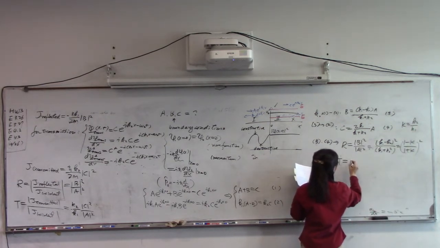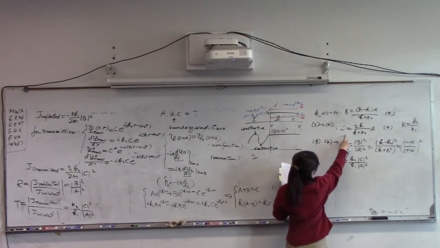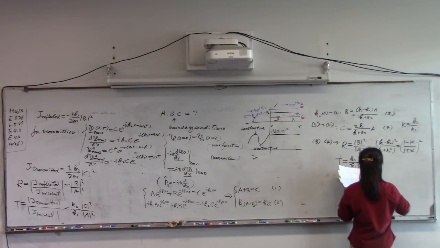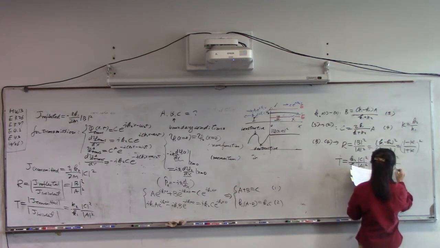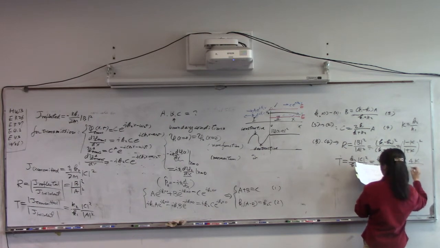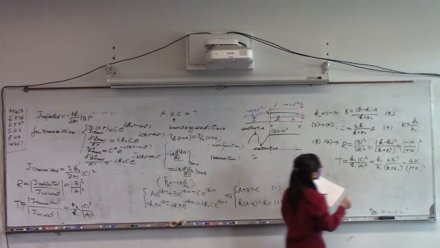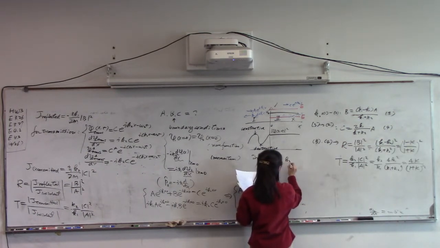Similarly T is k2 over k1 times c squared over a squared, which is 4 k1 k2 over (k1 plus k2) squared, and that is 4 capital K over (1 plus K) squared. Here capital K is the ratio of k2 to k1.